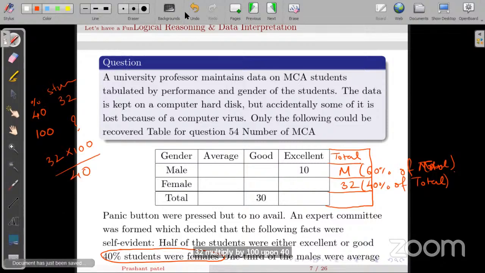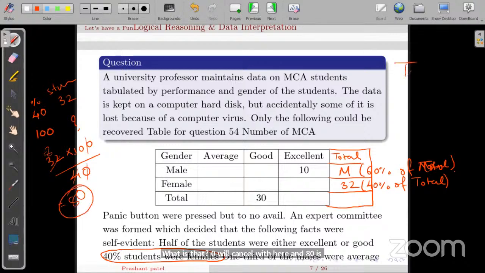So how much answer will you get? 80, as one can calculate, because this cancels out. What is left? 8. 0 will cancel with here, and 80 is the answer. So the total number of students is 80 that we can get from here.